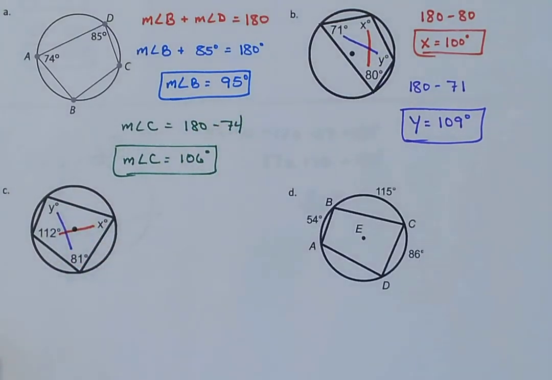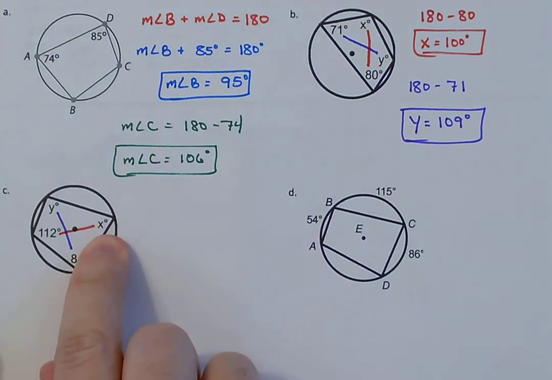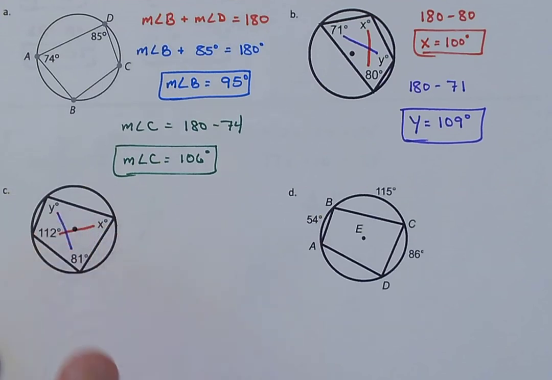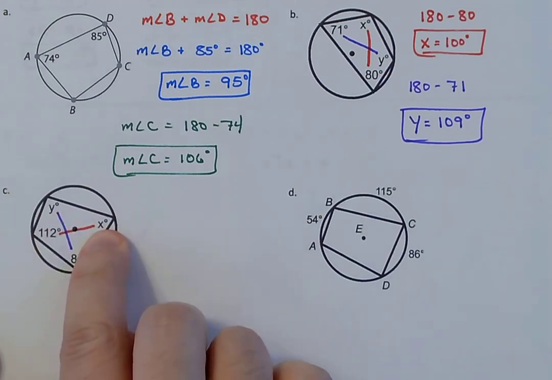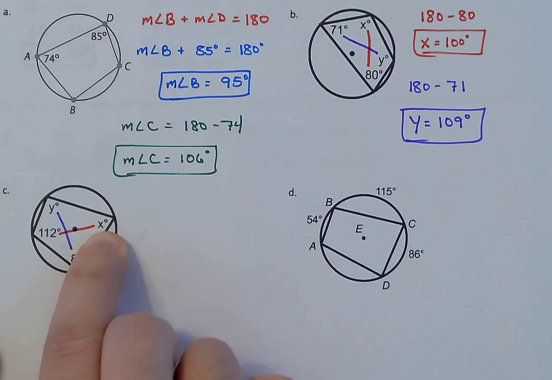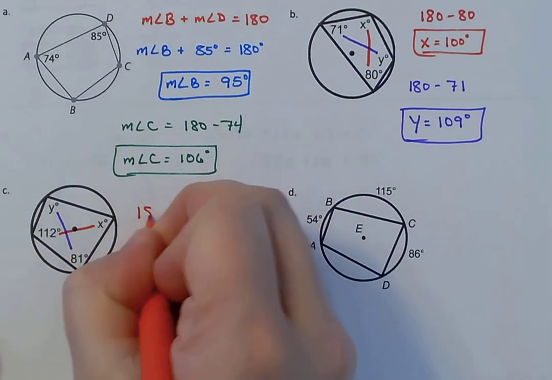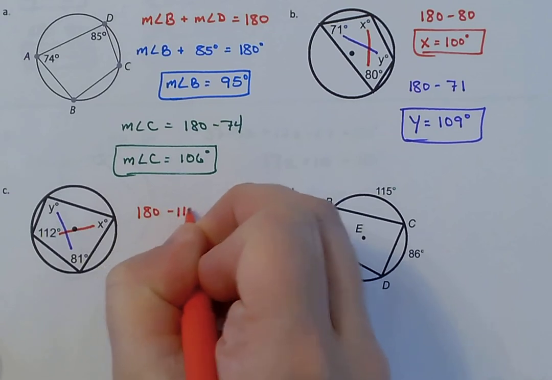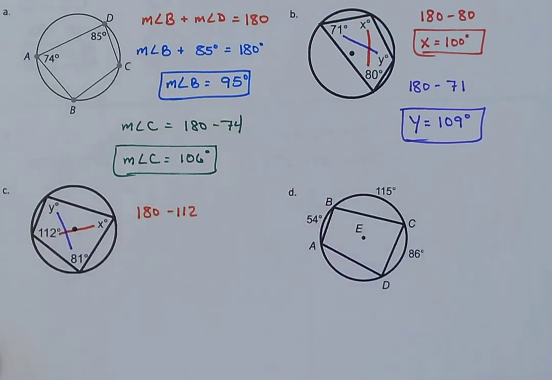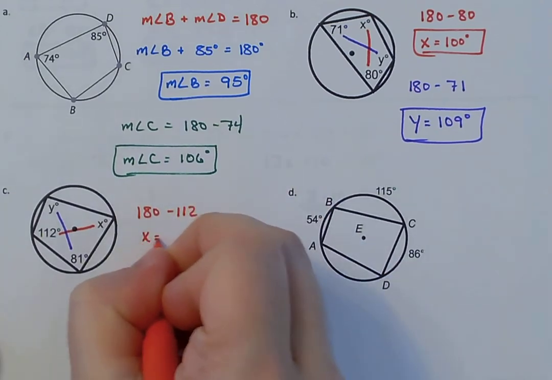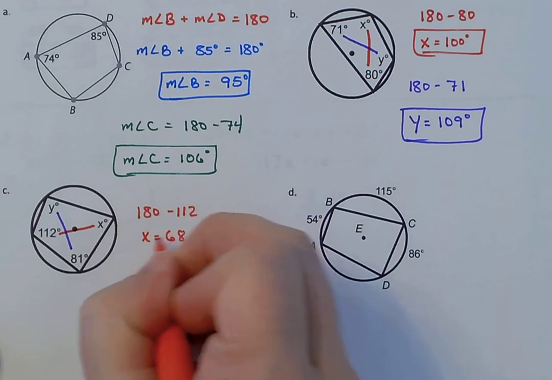That means these two add up to be 180, and these two add up to be 180. So if you know the measure of the angle opposite, to figure out the measure of the angle, all you have to do is 180 minus the angle that's opposite. So if I want to know what x equals, I look to the angle opposite, which is 112, and we do 180 minus 112, and that tells us that x equals 68.